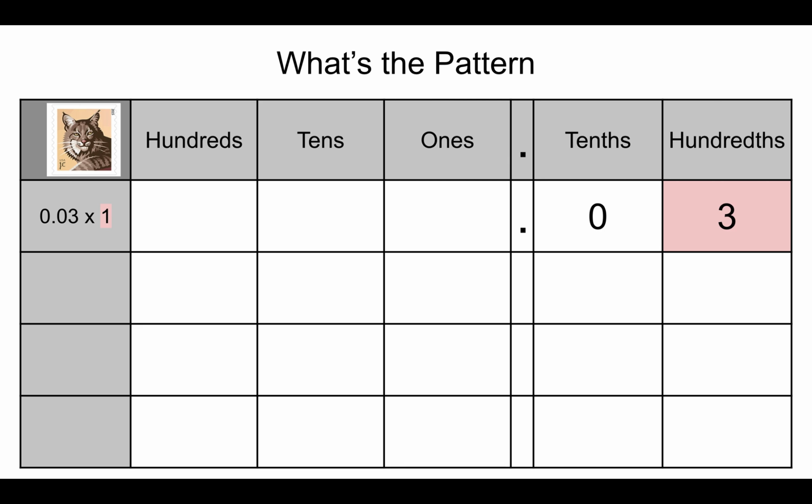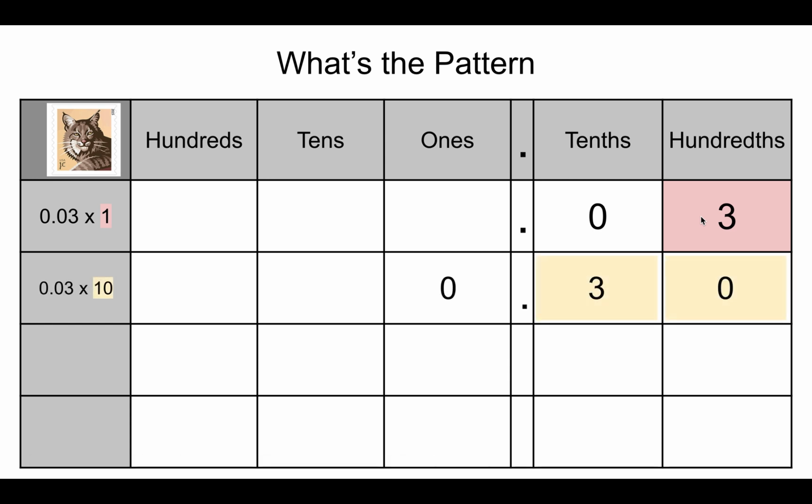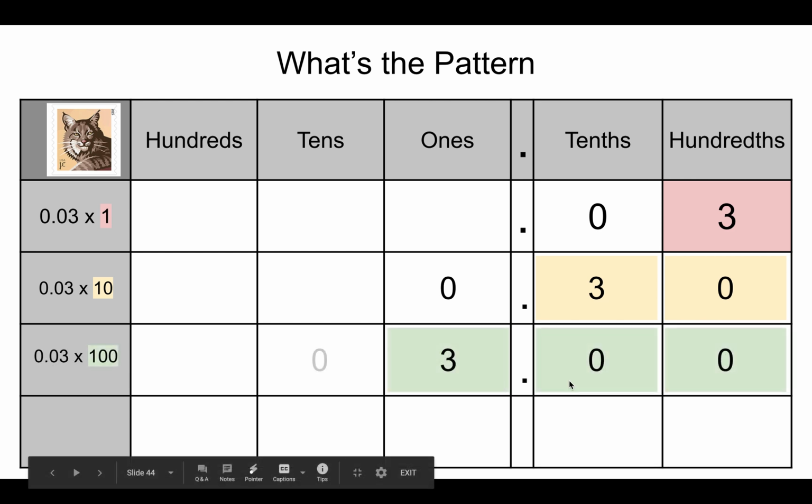So let's look at that pattern. So 3 cents times 1 has 3 hundredths. 3 cents times 10 has 3 tenths. So it's 10 times as much. If we multiply it by 100, it's again 10 times as much.